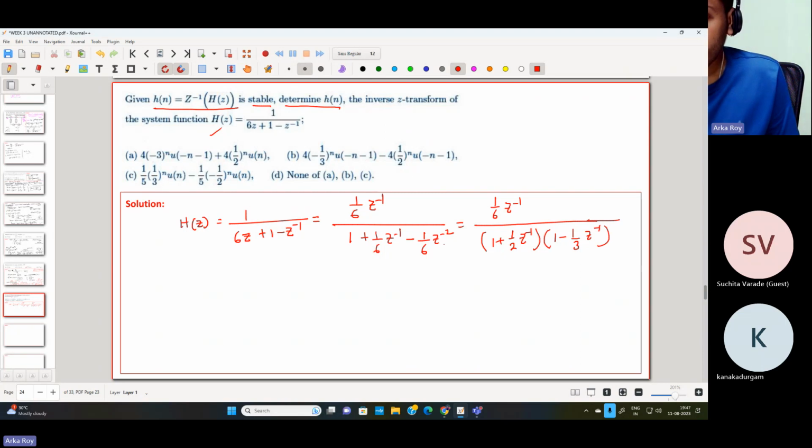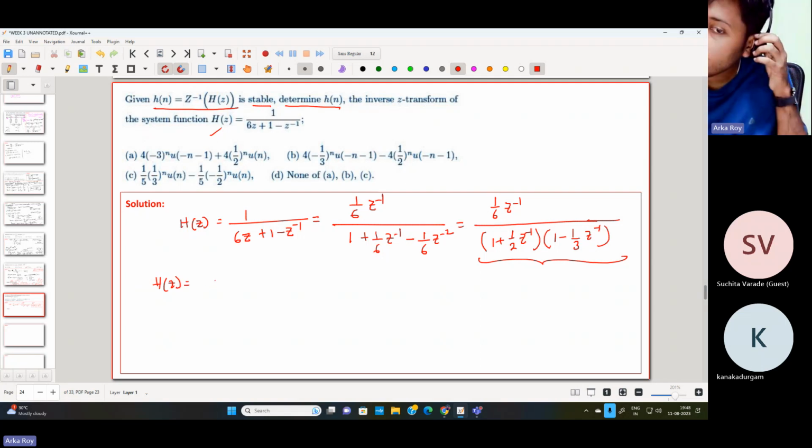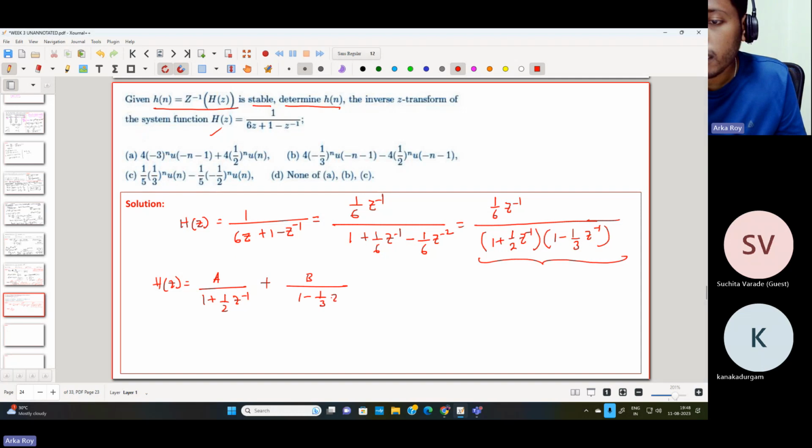Now we have got the transfer function in a more compact form. We still need to rationalize this whole thing. So for the partial fractions, let us consider this as A by 1 plus half z inverse plus B by 1 minus 1 upon 3 z inverse.